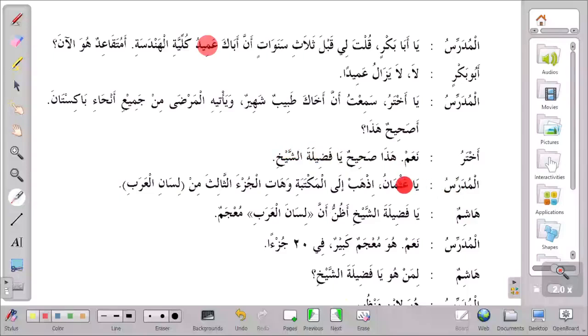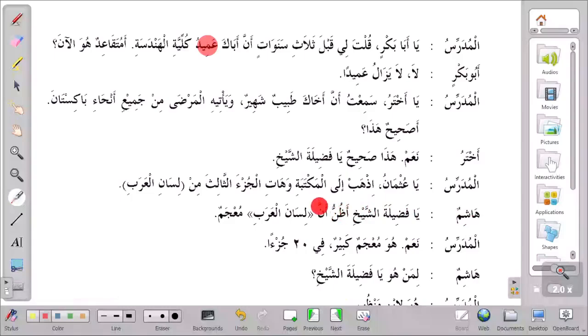Al-Mudarrisu, the teacher says that, Ya Usman, oh Usman, izhab ila al-maktabati, go to the library, wahatil juz al-thalitha min lisan al-Arab, and bring the third volume of Lisan al-Arab.